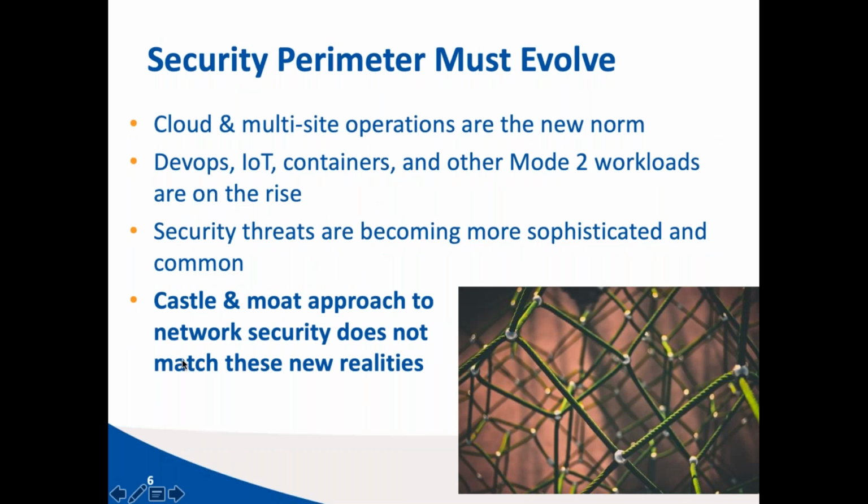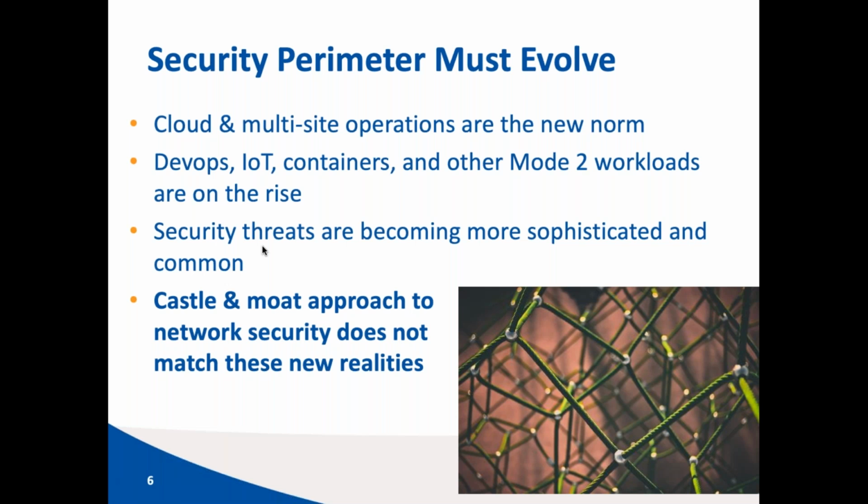If you're still using this moat and castle approach, if you're still using a lot of VPN technology, it's really time to consider a new approach. Not only are cloud and multi-site becoming more and more common, but things like DevOps, Internet of Things, and containers are also increasing in popularity.